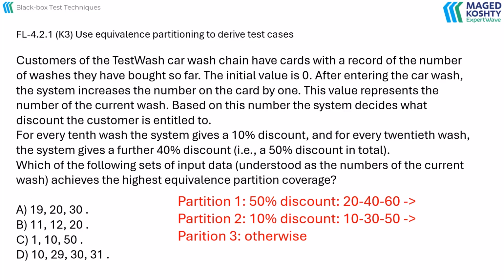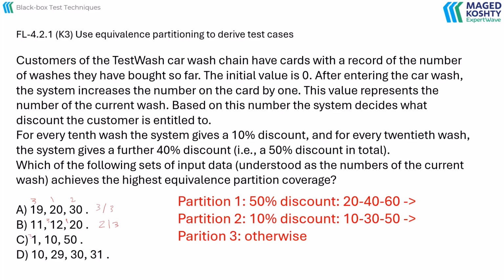A: 19, partition 3; 20, partition 1; 30, partition 2. 3 partitions out of 3. This must be a correct answer. B: 11, partition 3; 12, partition 3; 20, partition 1. 2 partitions out of 3.